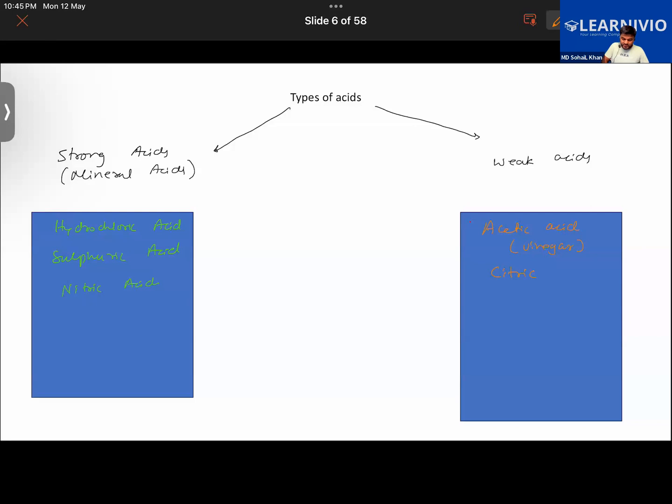Very good. And citric acid is found in the citrus fruits.